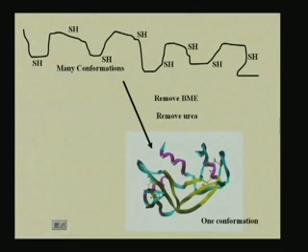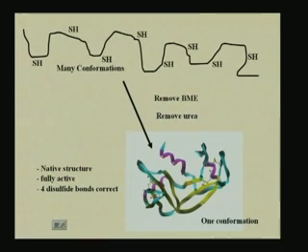What is this structure? It is exactly just one conformation. It is the native structure of the enzyme that is fully active with the 4 disulfide bonds correct to what was there in the original protein.